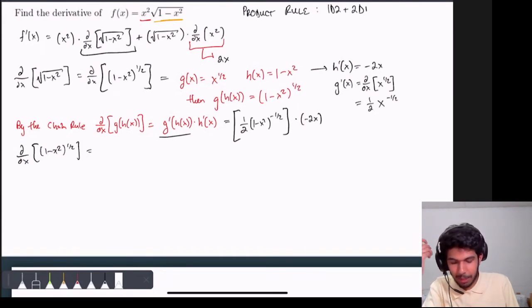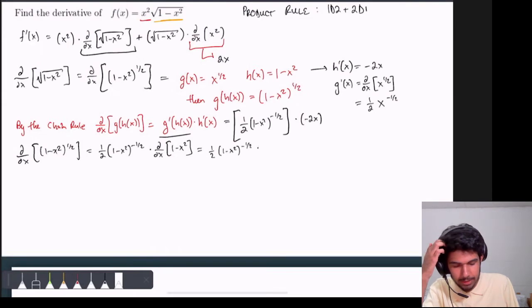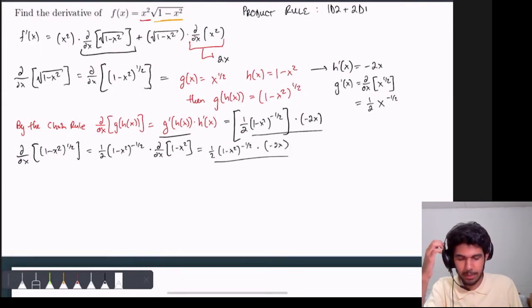So we use the power rule again. So 1/2, we don't touch the inside, we decrease the power by 1, and then we take the derivative of the inside, d dx of 1 minus x squared, and that's equal to 1/2 1 minus x squared to the negative 1/2 times negative 2x. And we can see that these are the same thing.